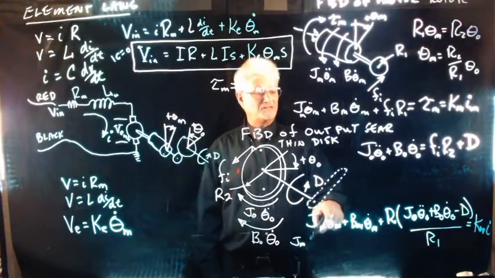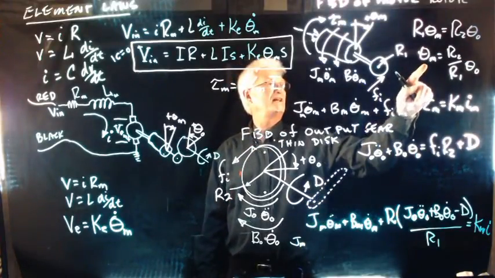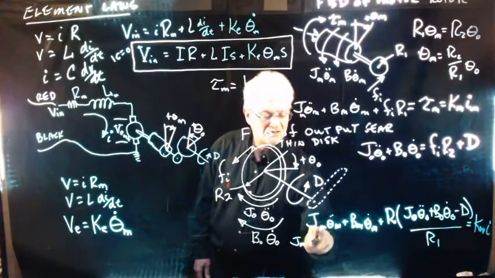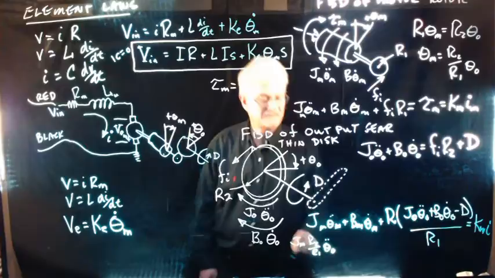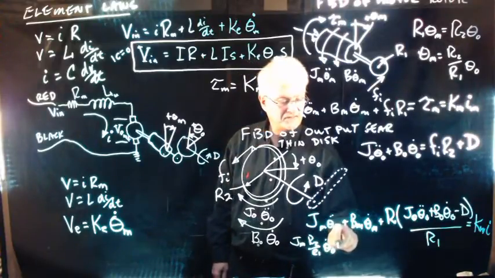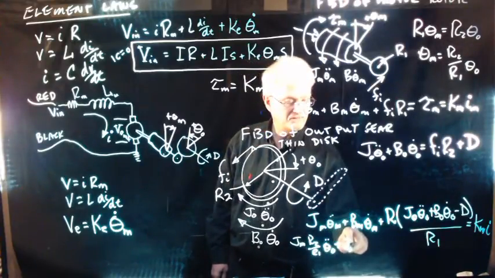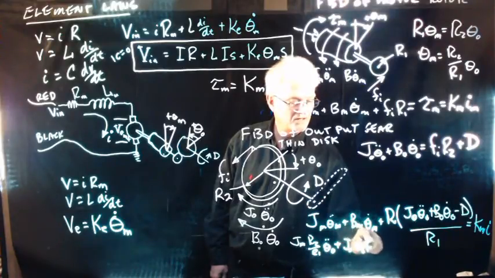Jm. So what is theta double dot M? Theta double dot M is going to be R2 over R1 theta double dot out. And then this is going to be plus J out theta double dot out times R1 over R2.